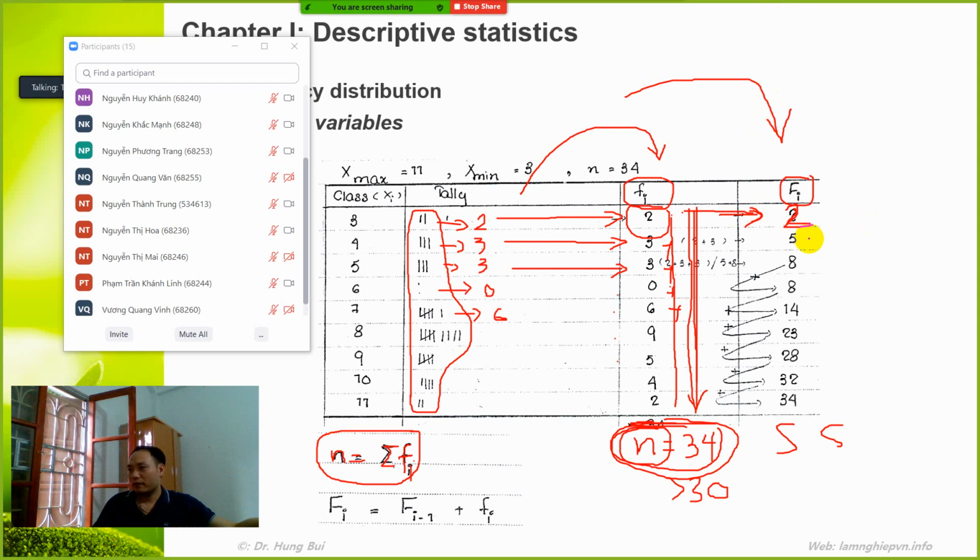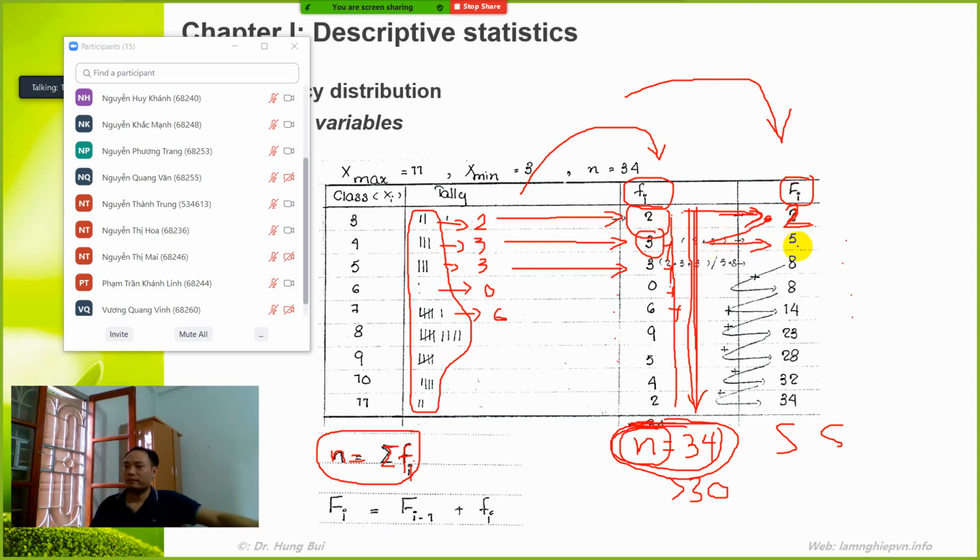Yes, and then for the next classes, how to calculate it? Look at my screen very clearly and very carefully. Take this one, 2 plus 3, so equals 5.